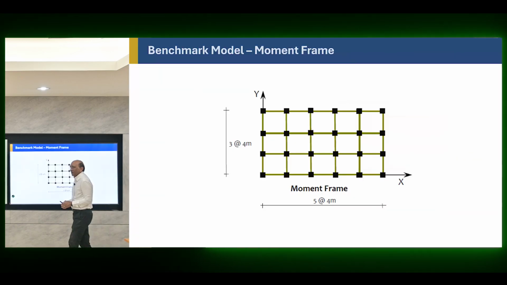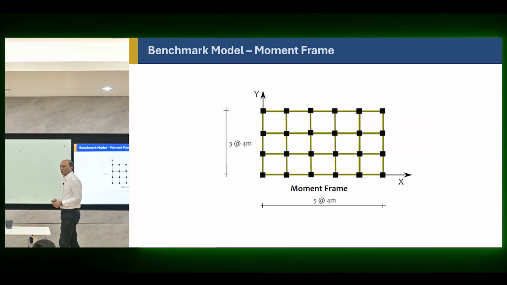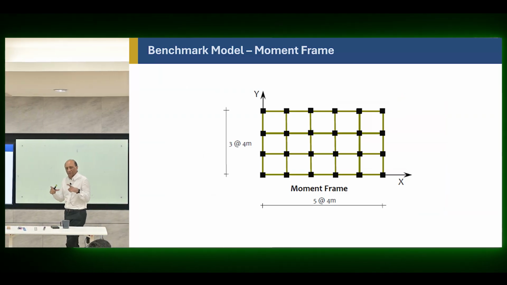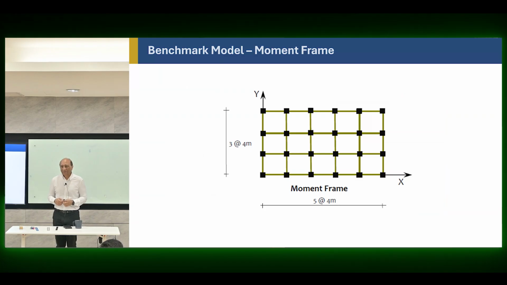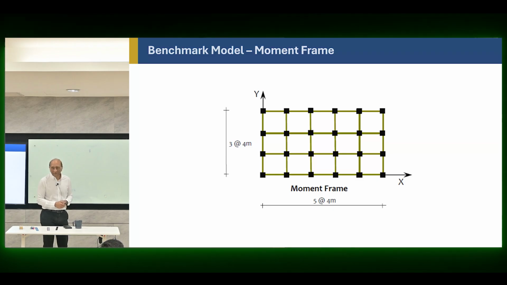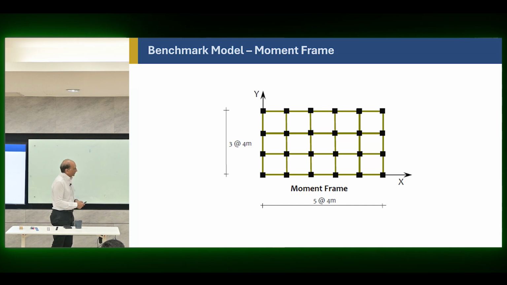So this is a simple study on the effectiveness of placing the same wall segment on different parts of the building. So if this is a frame and you want to put 4 walls in this one, you can put them in multiple ways and you can see the efficiency.